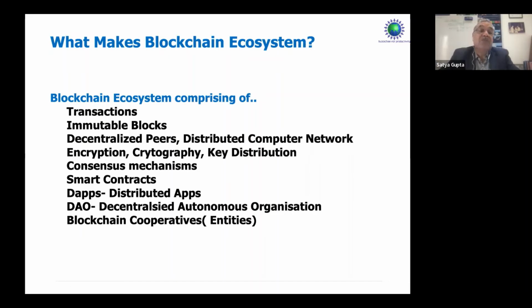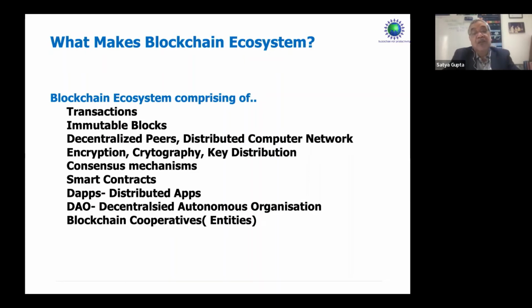Then DApps. DApps stand for distributed apps. The apps themselves will be distributed, and that is what is happening otherwise also, but blockchain makes it easier. And then DAO is another part of the ecosystem. DAO stands for decentralized autonomous organization. Normally organizations are centralized. There is a central control, a board of controllers or board of directors.